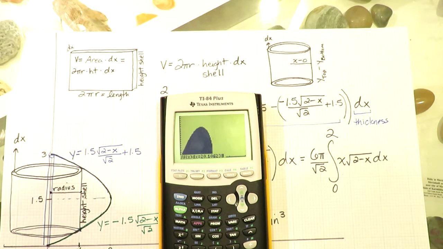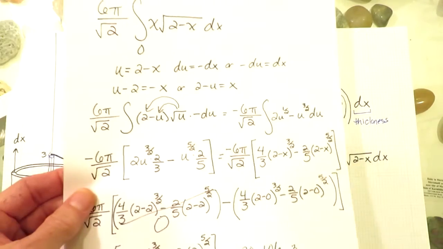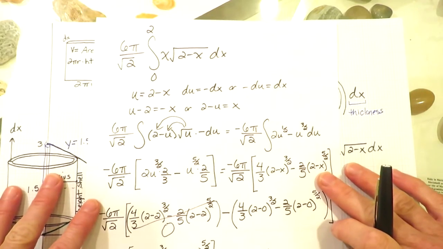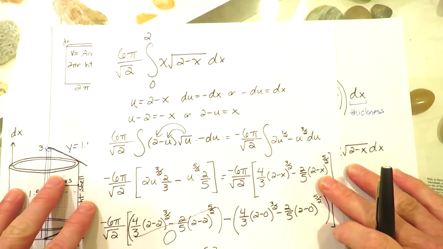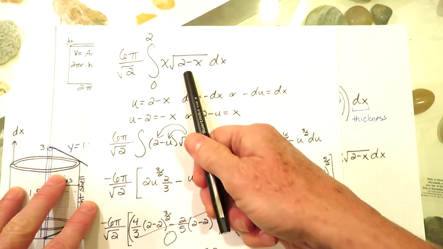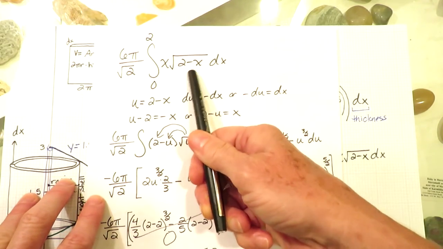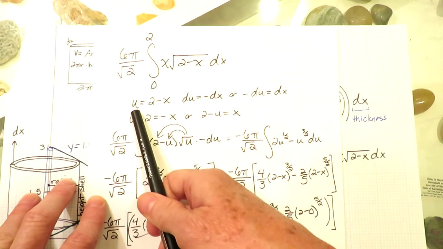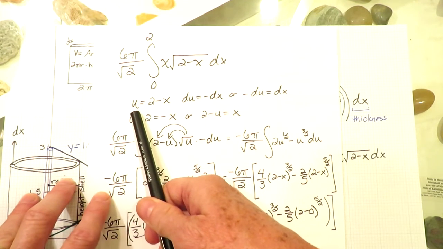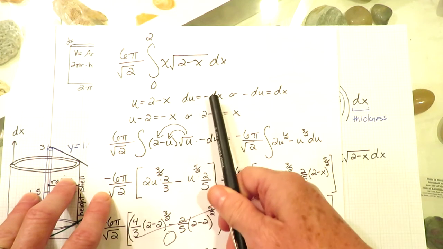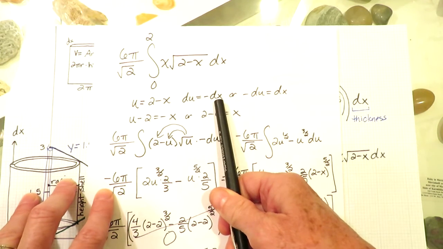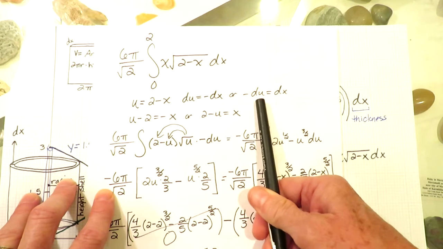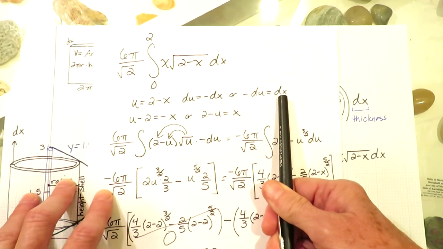This is actually a nice integral to work out by hand. It has a good example of U substitution. So if we wanted to actually work it out by hand, notice I have an interior function here, 2 minus x. And if I replace 2 minus x with the simplified variable u, then the derivative of u will be -1 times dx, or -1 times du is equal to dx.